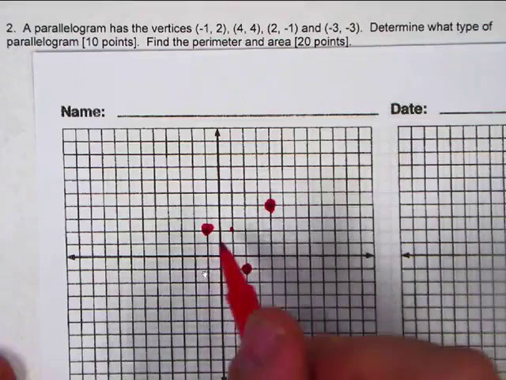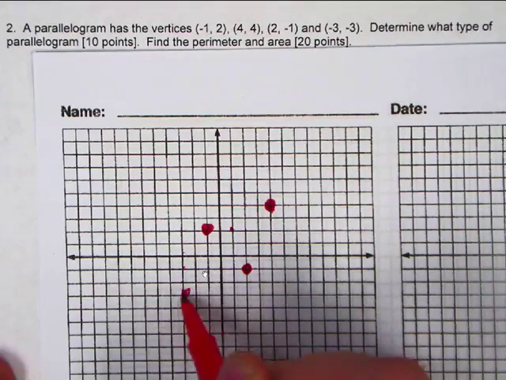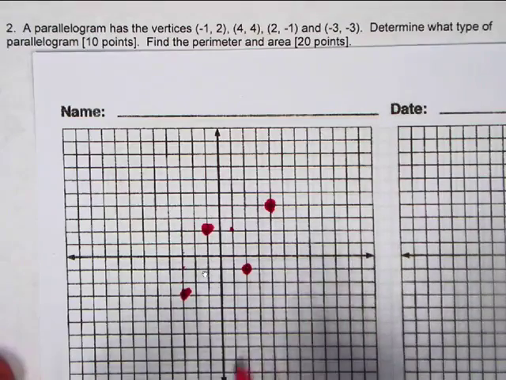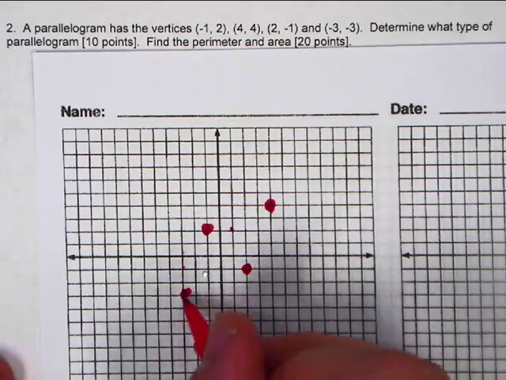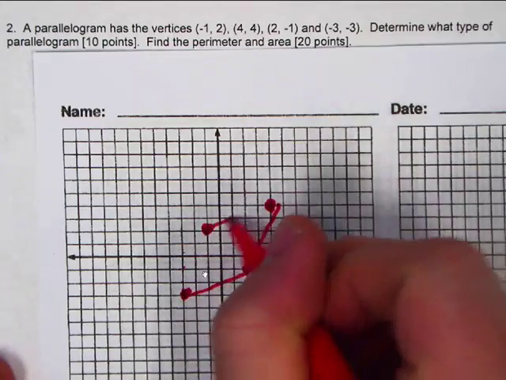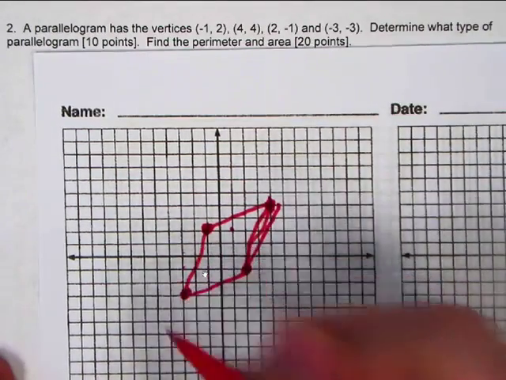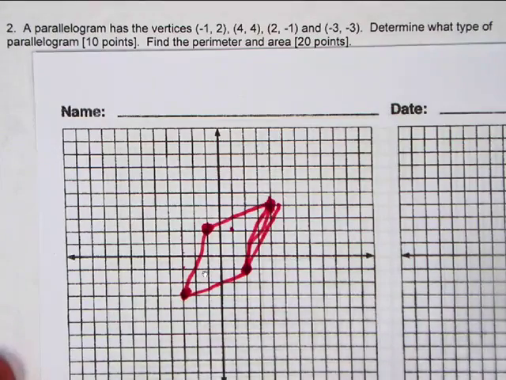And negative 3, negative 3. When we draw these all together, we see kind of a squished square, and that is called a rhombus. So if you've forgotten, that's a rhombus.